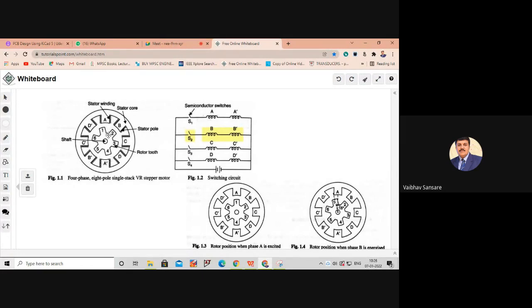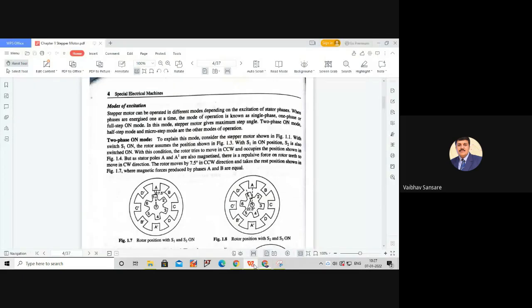So when switch S1 is closed, the rotor attains the initial position with 1 and 4 aligned with A dash. We consider this as the 0-degree position. Now suppose the mode of excitation is two-phase on mode.